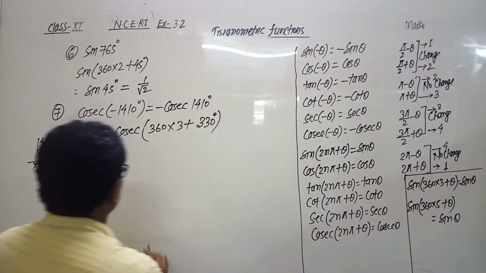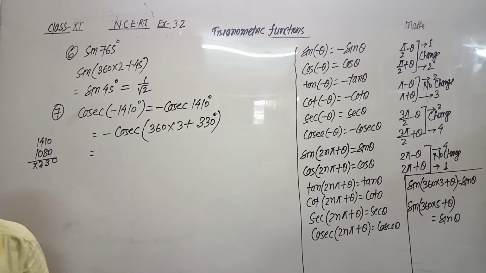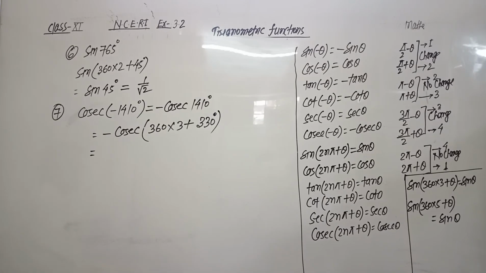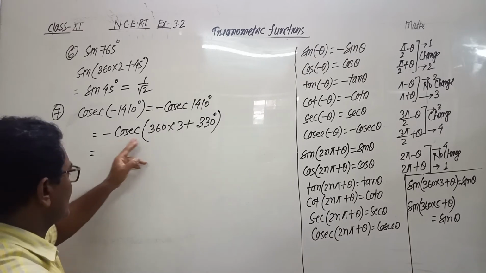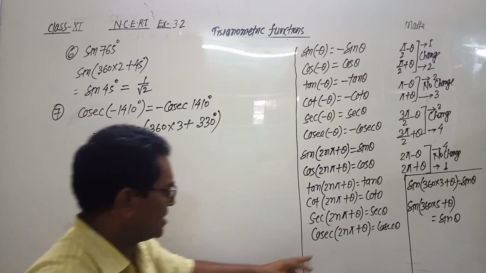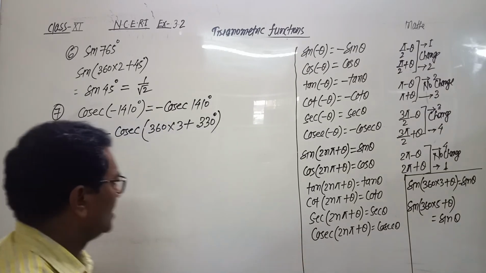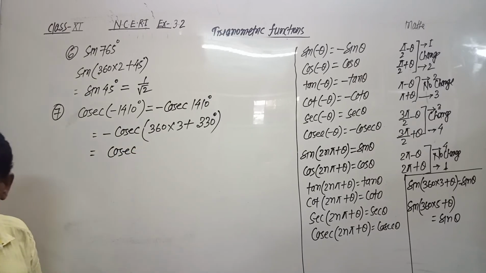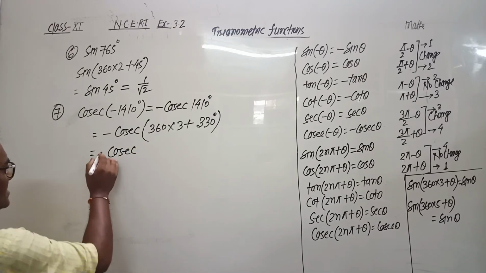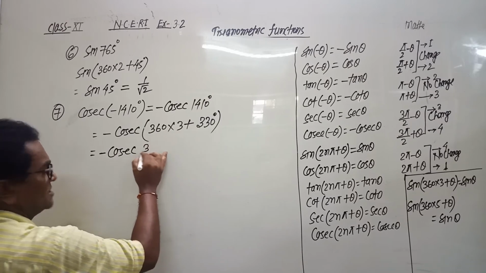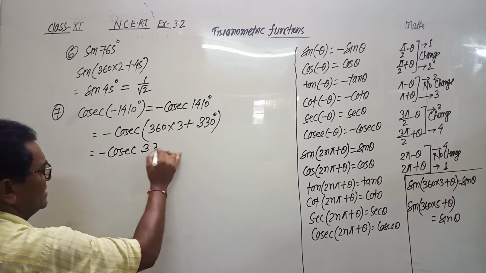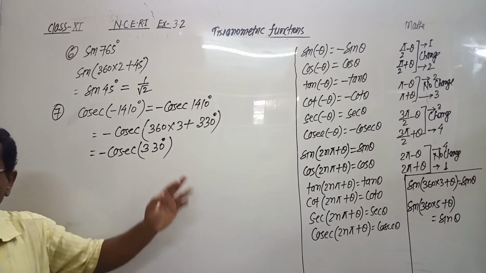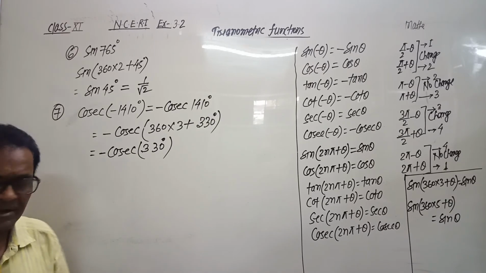330 degree. And we use the formula: minus of cosec(2n pi plus theta). This is cosec theta. So we write minus cosec, and the value of theta is 330 degree. At the place of theta, there is 330 degree.